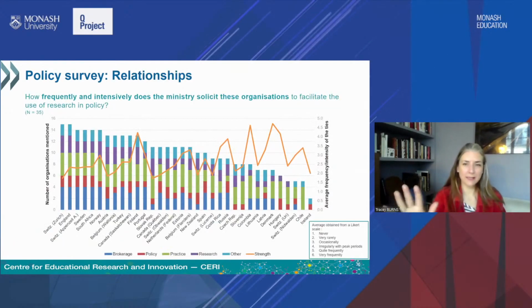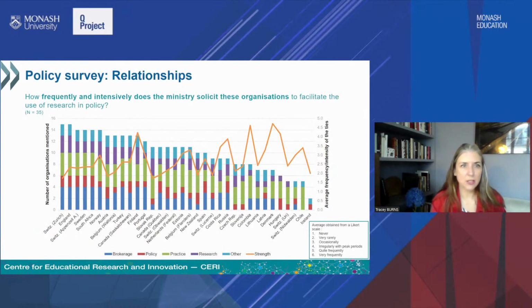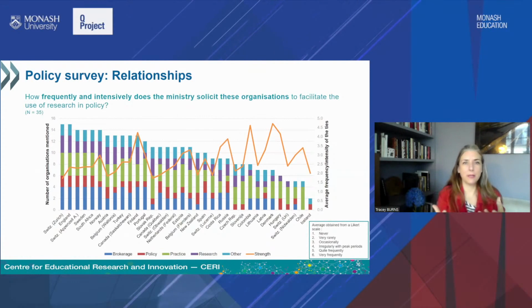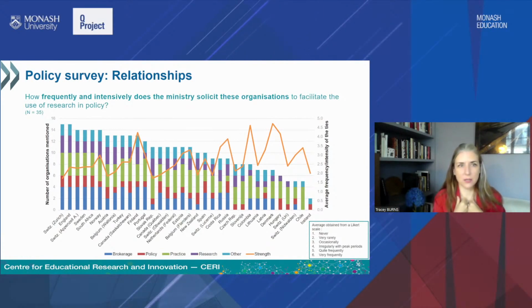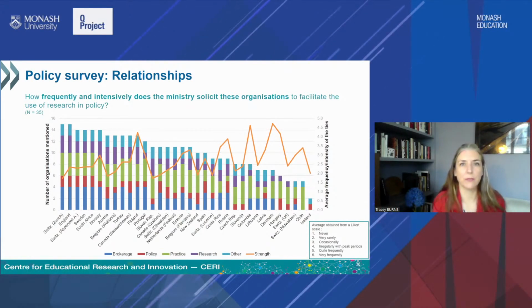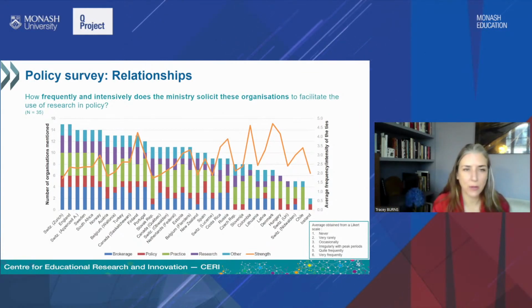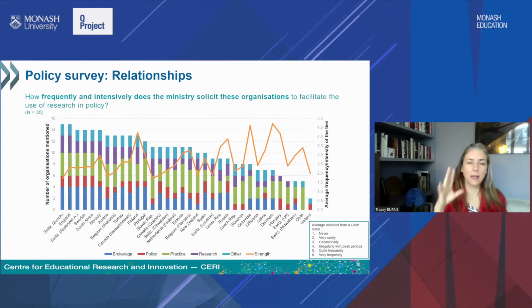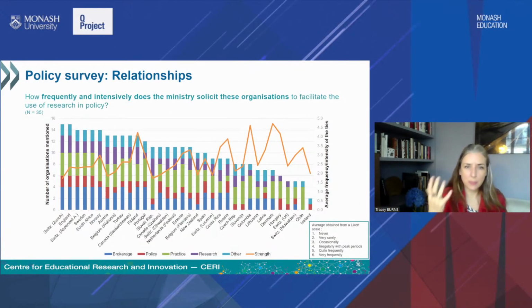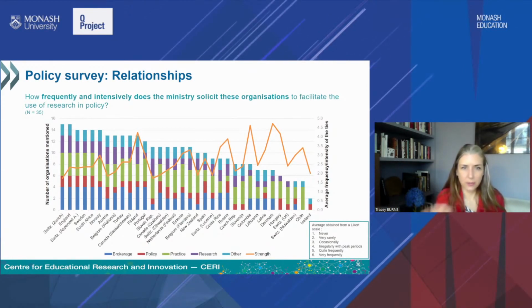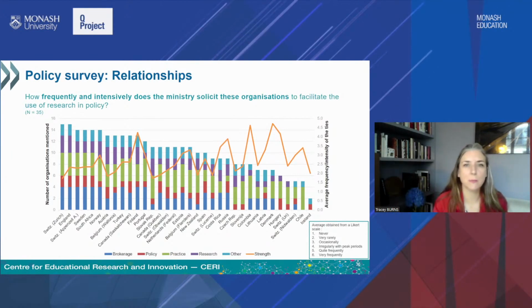Here is only one example of a result. This is just the relationships piece: how many times does the ministry ask these organizations to work with them on facilitating the use of research in policy? It's a complicated graph, so I won't walk you through all of it, but you can see the areas are brokerage, policy, practice, research, other, and the strength of those relationships is mapped out.